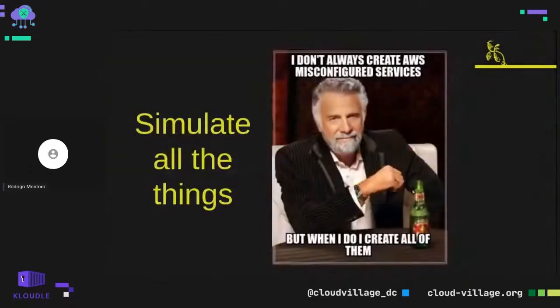Then I'm going to do something different. How could we start to create the payloads to make sure that we could create detections, and so simulate all things? Let's create all the AWS misconfigurations we could.